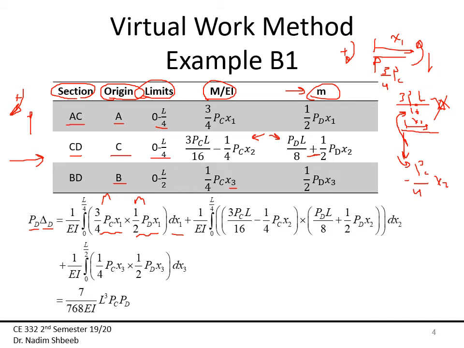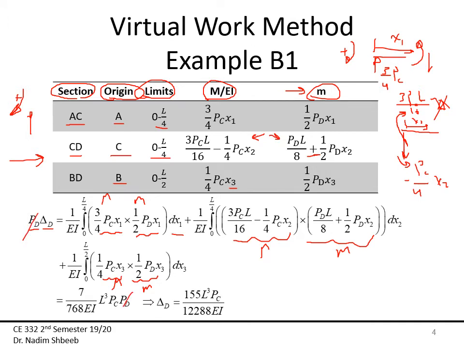Again, section AC, section CD. Here is my capital M, and this is my small m, or lowercase m, whichever, dx2 plus 1 over EI from 0 to L over 2, again, M, small m. And now when you carry out this integration, it's going to be 7 over 768 EI L cubed PC P delta, which, as I said, this will cancel out with this.